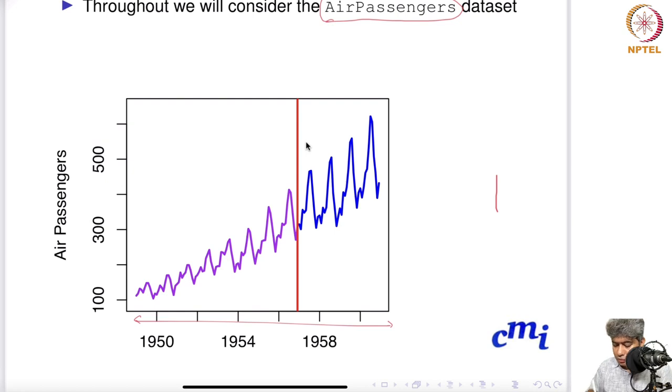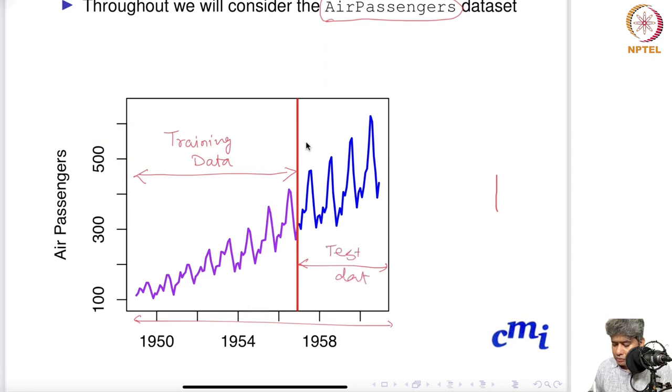What we are going to do is take the period up to 1957, marked in purple, as training data, and this later period we are going to use as test data.